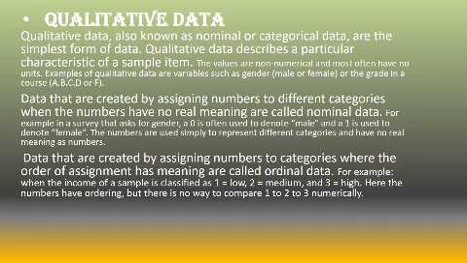Nominal data are data that are created by assigning numbers to different categories when the numbers have no real meaning. For example, in a survey that asks for gender, a 0 is often used to denote male and a 1 is used to denote female.